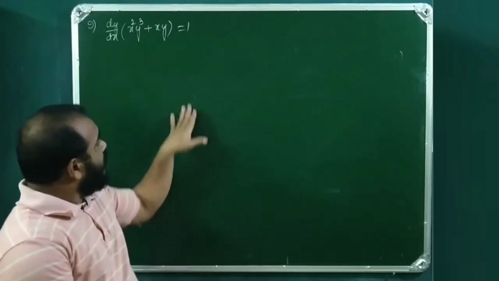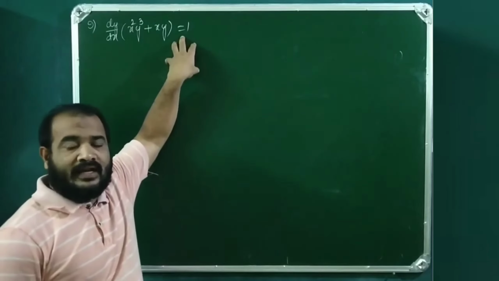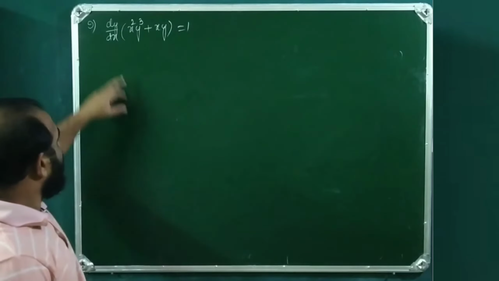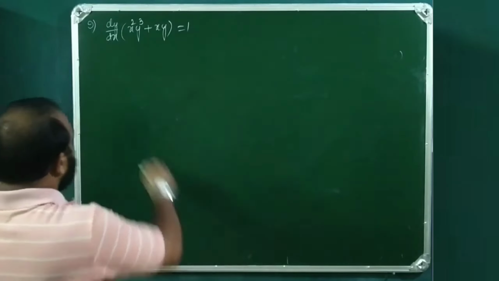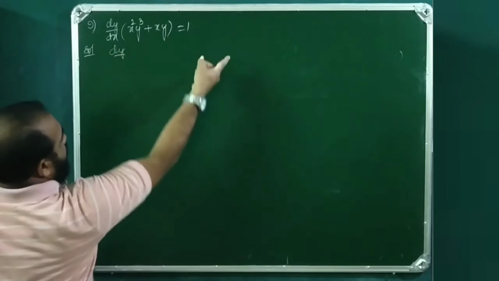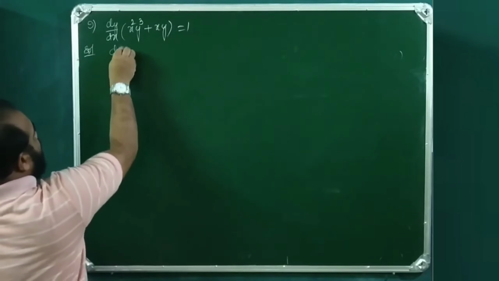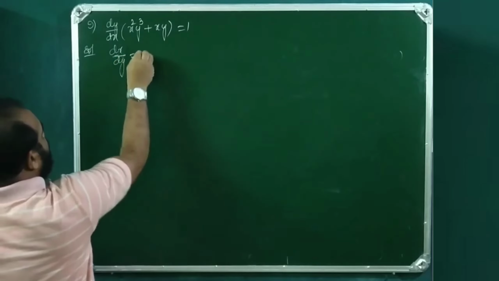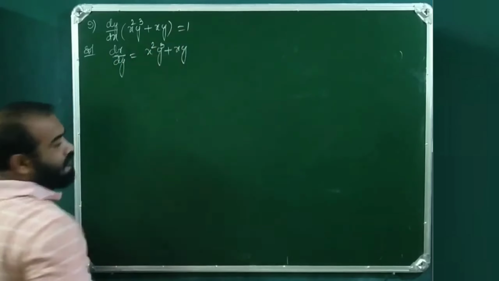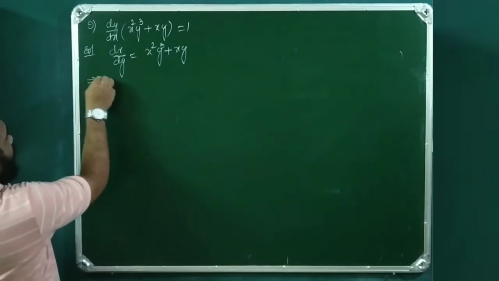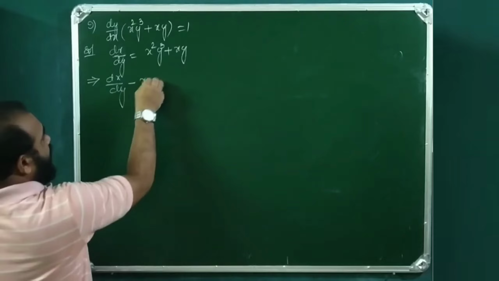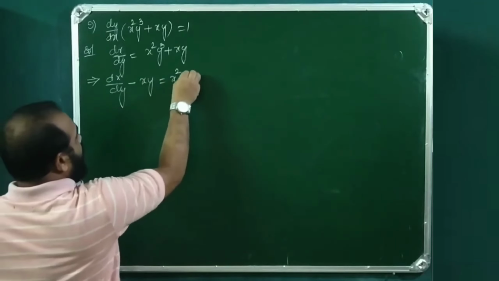So let us try out this problem from exercise 8e that we have left before. So instead of dy/dx, dx/dy = x^2 y^3 + xy. Now this is dx/dy - xy = x^2 y^3.